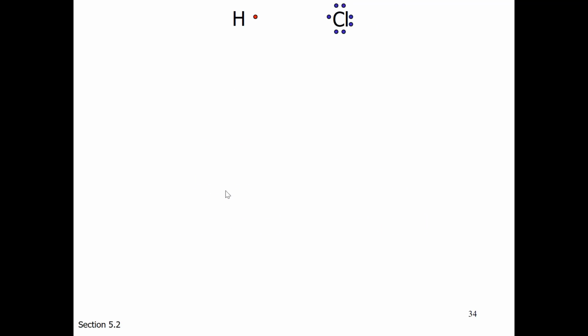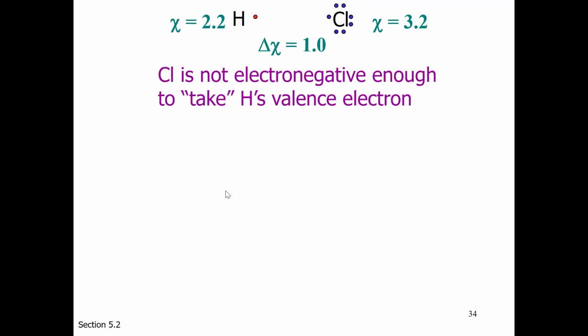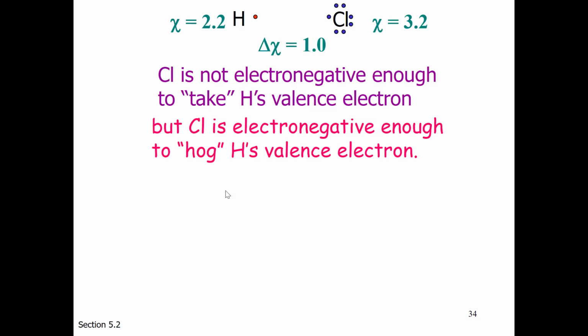What do you get? Well, we can show the example with hydrogen and chlorine. The delta chi is 1 between those two. So that's well within our range of not quite ionic, but also not quite covalent. So chlorine is not electronegative enough to take hydrogen's valence electron completely away from it, but it is going to hog it.